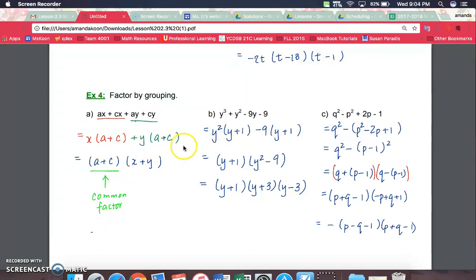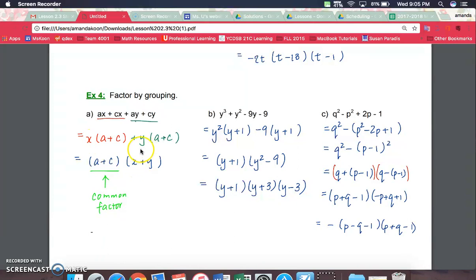So now we're on the second line. How many terms are there? We're down to 2 terms. What's the good news here? I see a plus c in both terms. So a plus c is a common factor, and from the red term, I will get x.